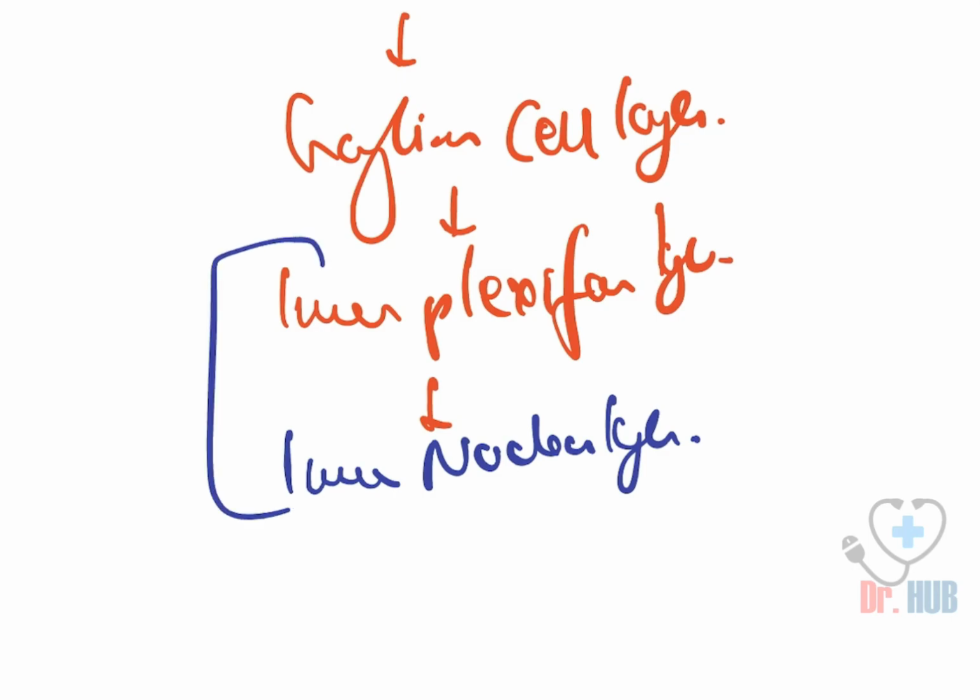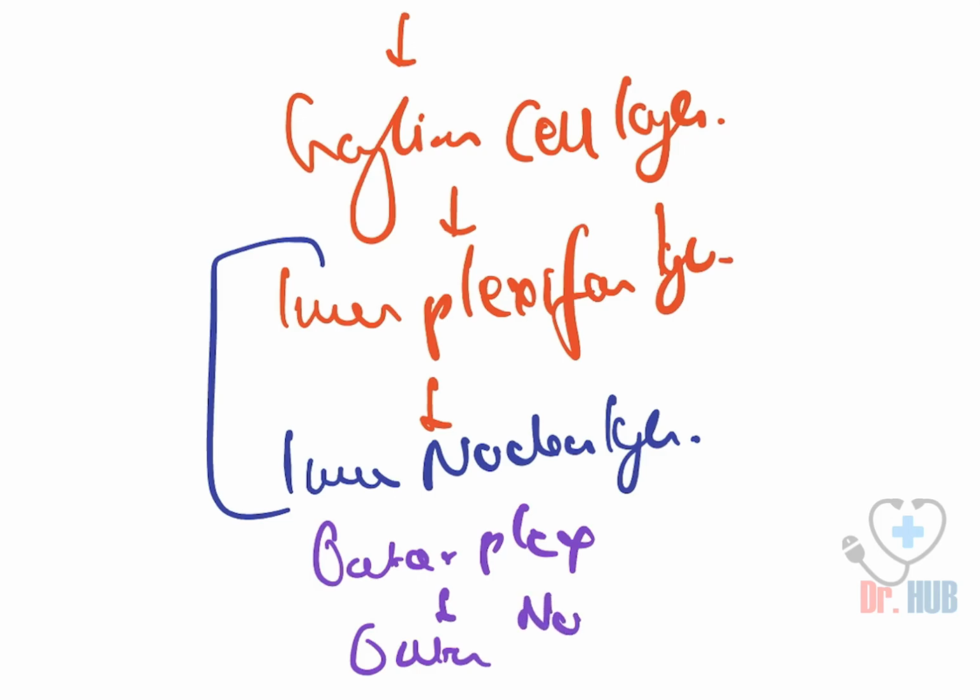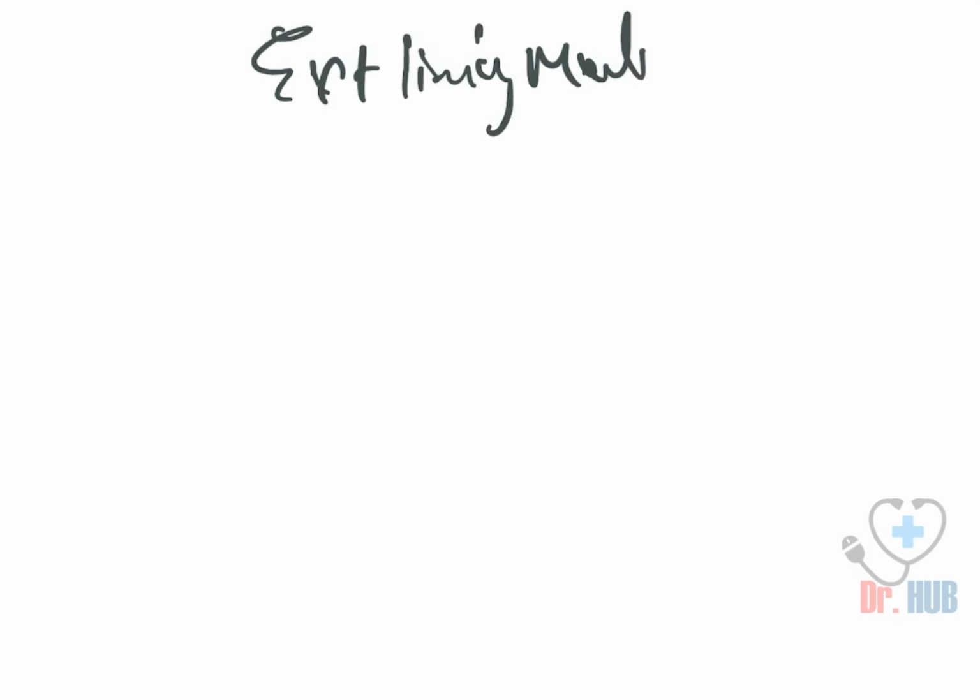So the inner plexiform, inner nuclear, and after this it is the outer plexiform and the outer nuclear layer. So this is how it goes. And after the outer nuclear layer, what is present? It is the external limiting membrane.